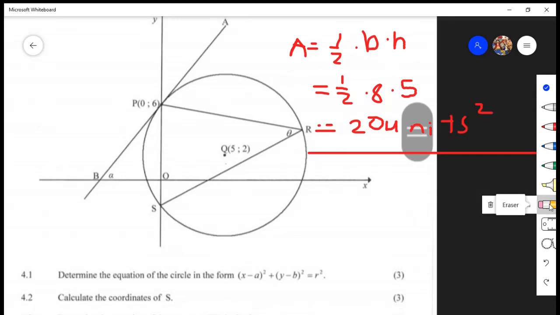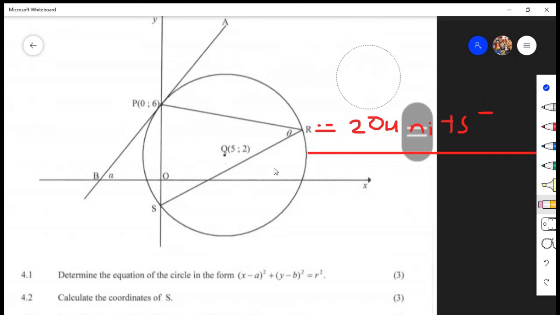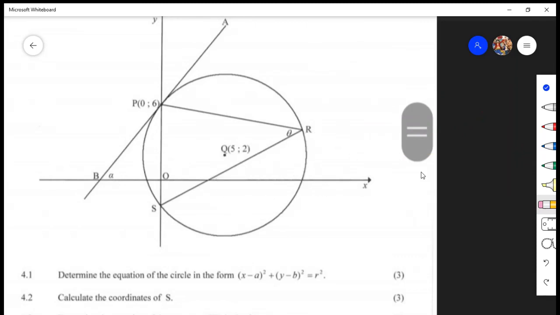Okay, so the second way of doing it is to use, have you guys dealt with the area formula where you use the sine of that angle? Okay, so you're familiar with it. So to calculate the area of this triangle, we're going to be using the sine of this angle, which previously we called x. So we'll have the area equal to half of PQ times SQ times sine of this angle.